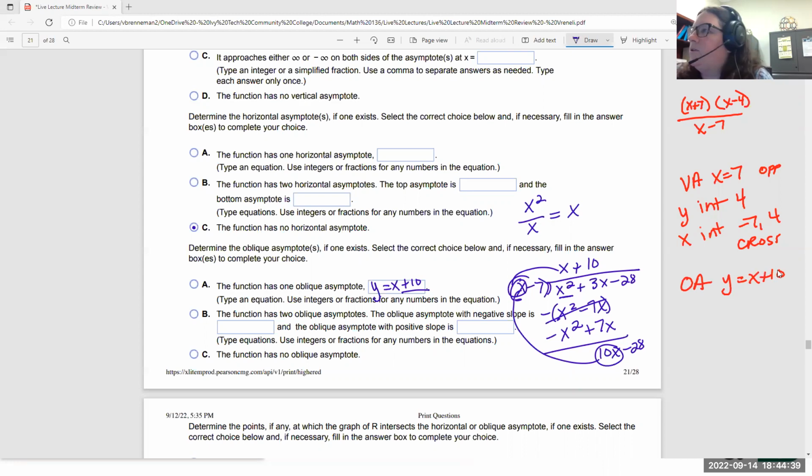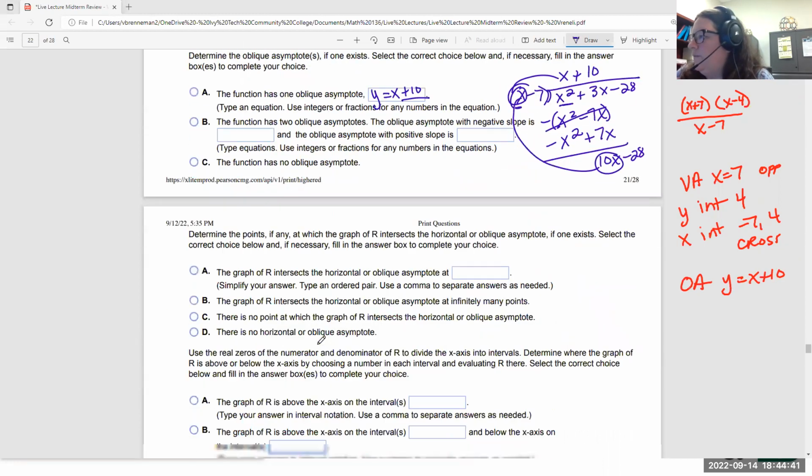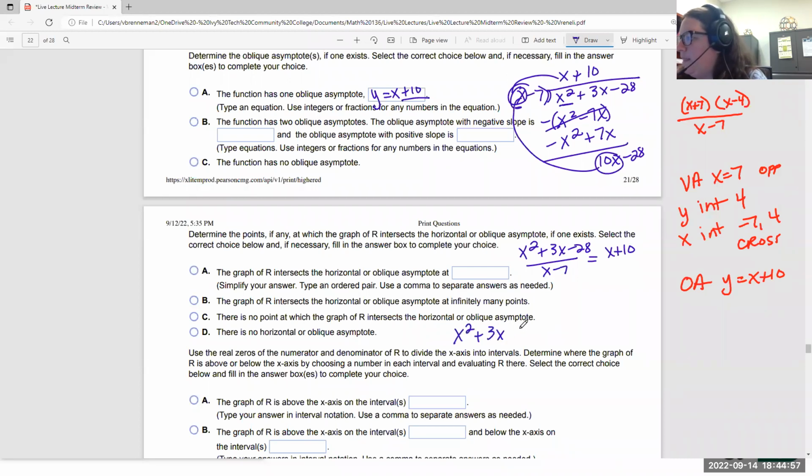So we have x plus 10 there. And then for the intersection, I'm going to set the function, x squared plus 3x minus 28 over x minus 7, equal to x plus 10. So I'm going to multiply by the x minus 7, and that comes out, shortcutting a little bit, x squared, and then 10x minus 7x, so plus 3x, and then minus 70.